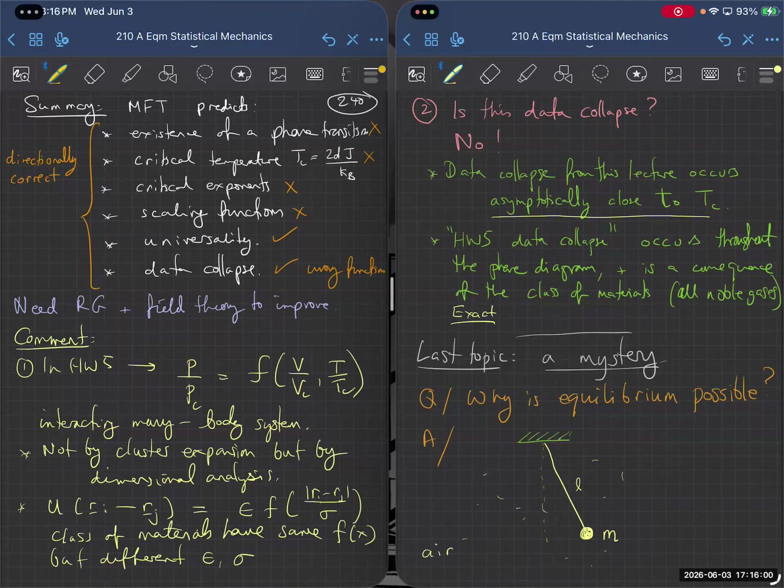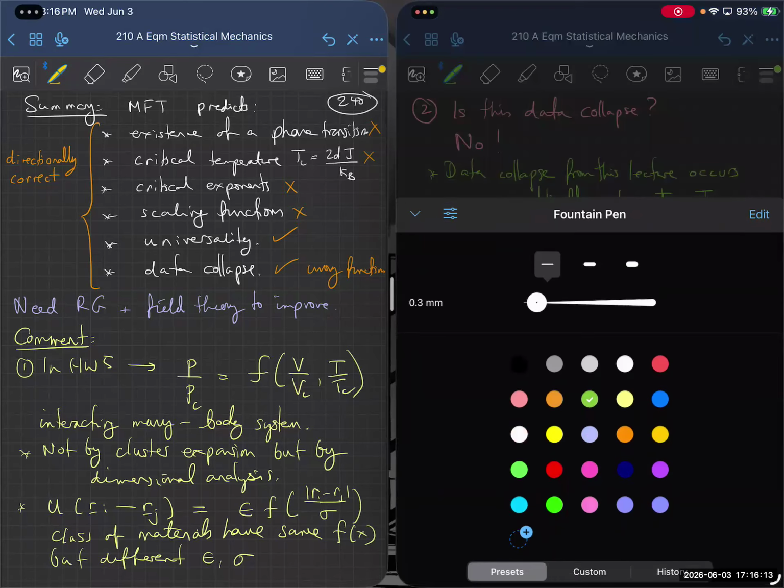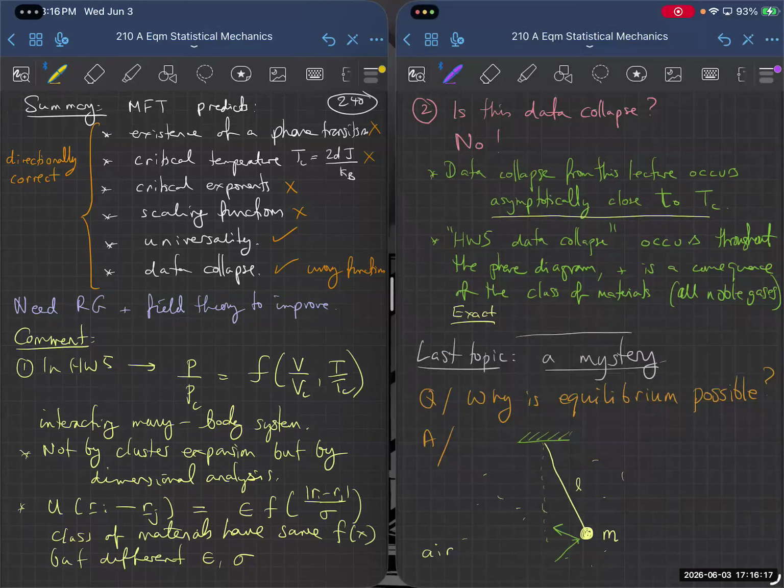And those air molecules float around, and every now and then an air molecule will collide with this pendulum and maybe move it to the right, and then a little bit later another molecule will come in and bounce off like that.